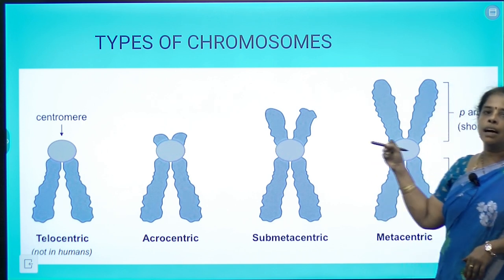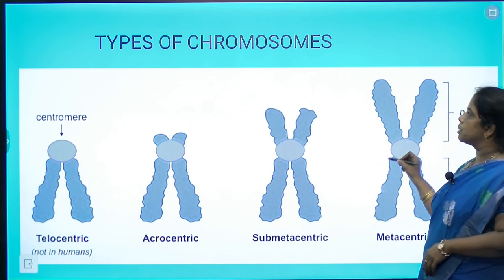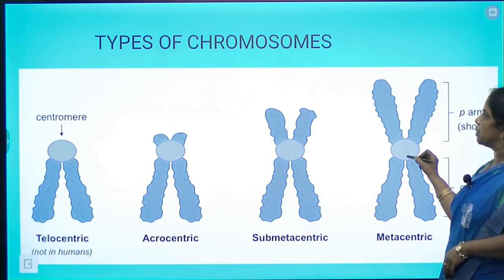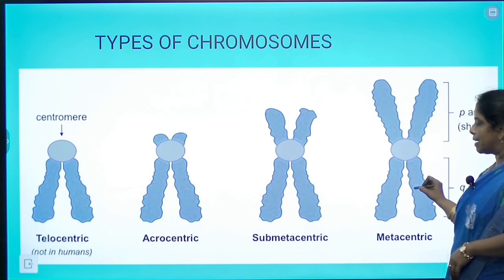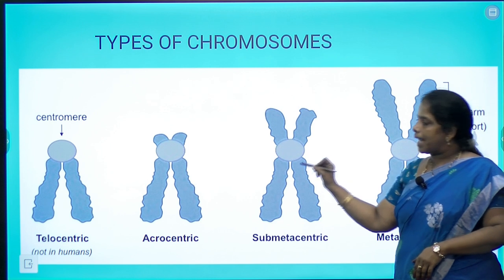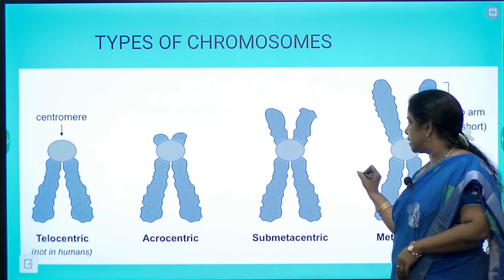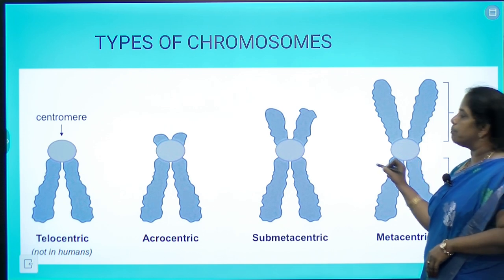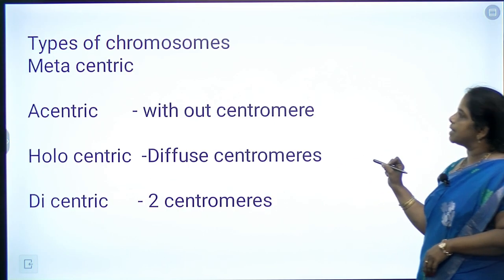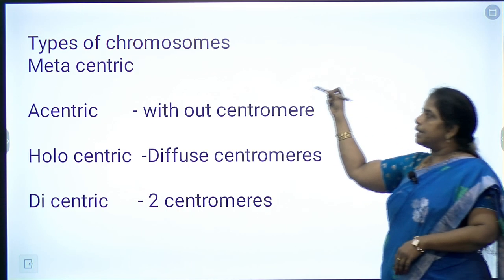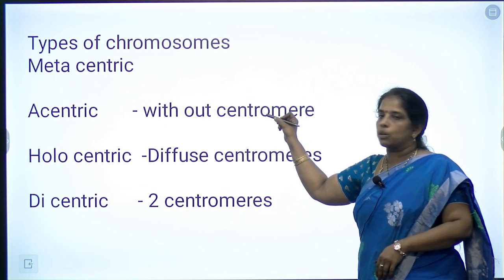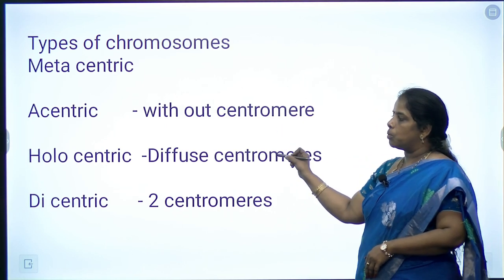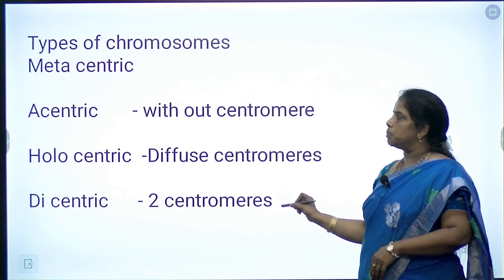These are the different types of chromosomes by the location of the centromere: metacentric, submetacentric, acrocentric and telocentric. Also, based on the number of centromeres, we classify the chromosomes into different types: the eccentric chromosomes, holocentric chromosomes and dicentric chromosomes.